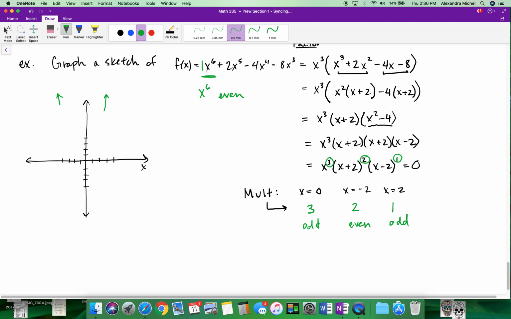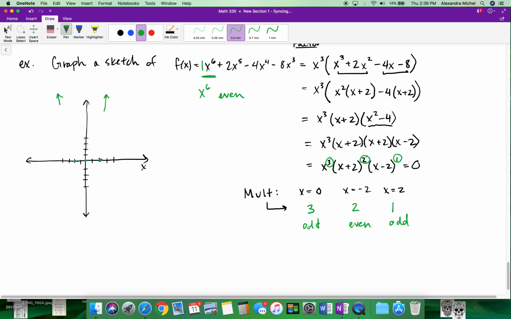So we know my end behavior, what's happening at the ends of my function. And I know I cross at x equals 0, at -2, and at +2. So we can get an idea of what's happening here.